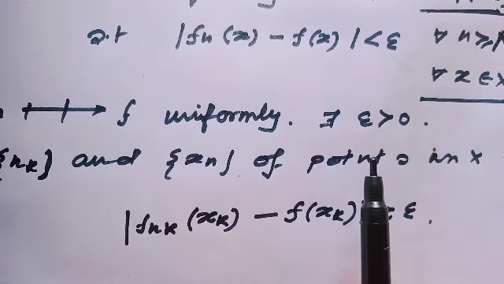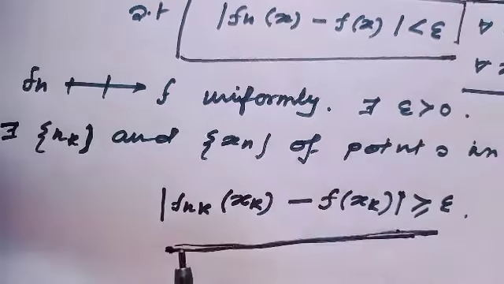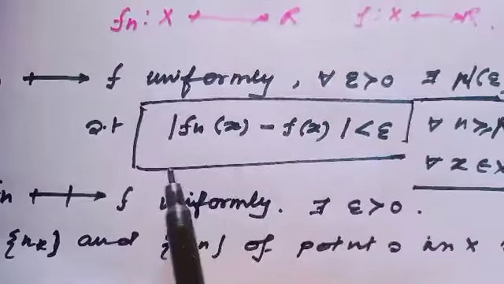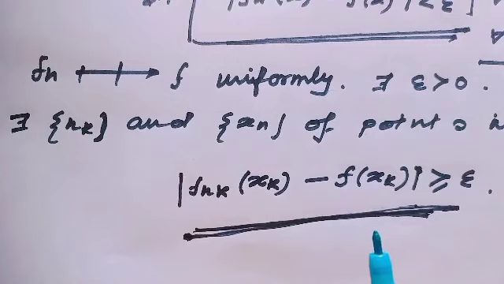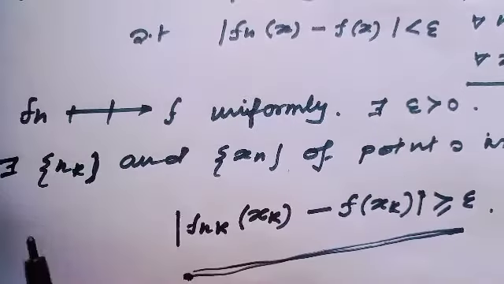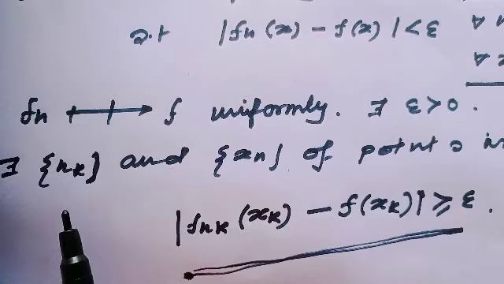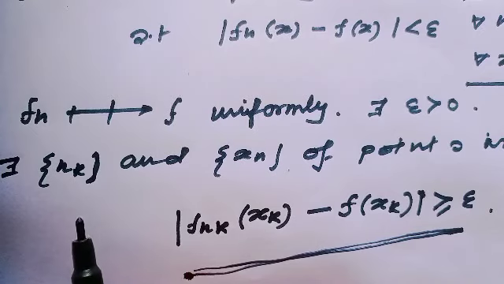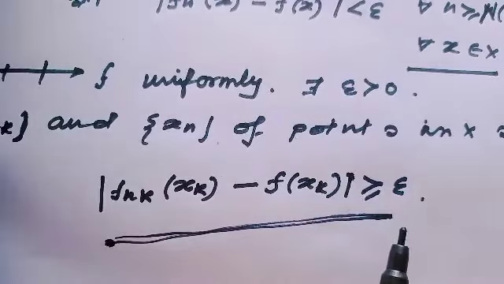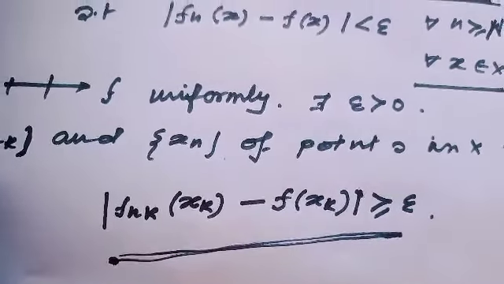If we can find at least one epsilon and one point that breaks this relation of uniform convergence, then it is not uniformly convergent. Notice one thing, there exists nk. That means if we can find one subsequence which breaks this relation, the function is not uniformly convergent.